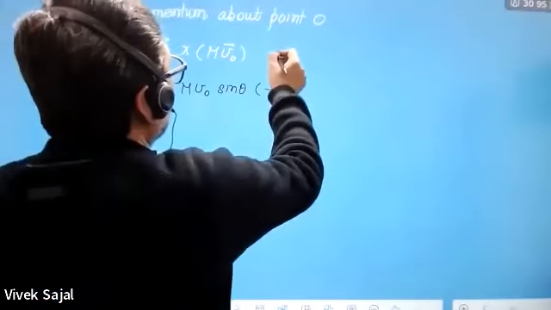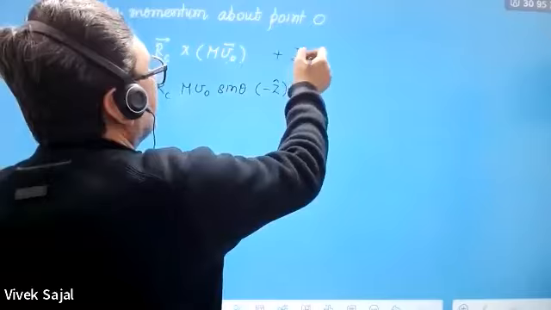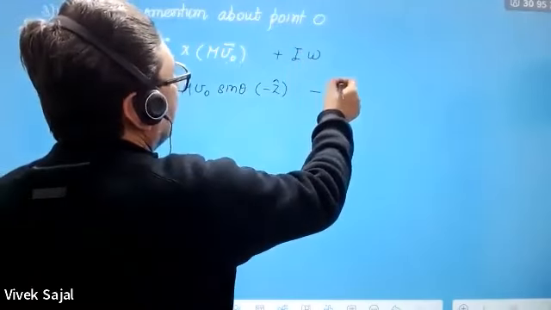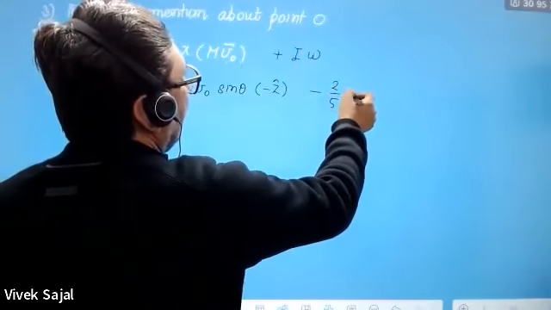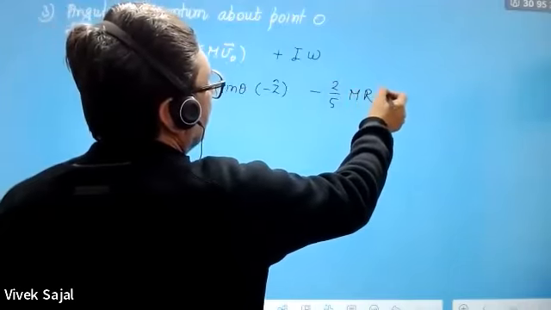Second term will be I omega, so this will remain minus 2 by 5 m R V naught z cap.